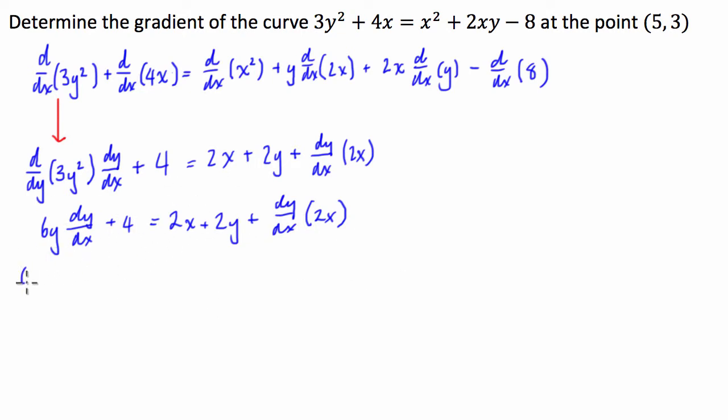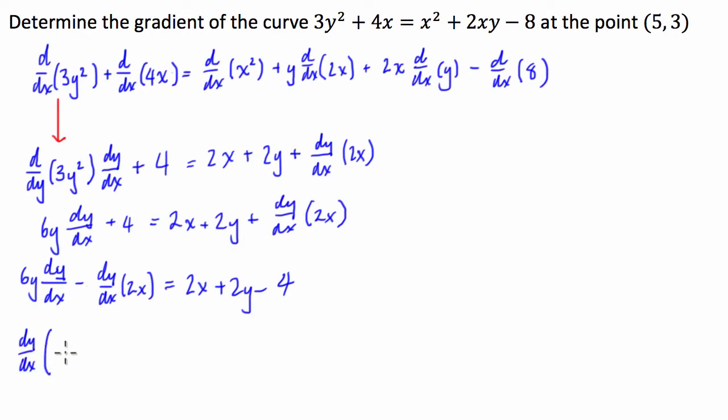So we have 6y dy/dx minus dy/dx times 2x, and on the other side this is equal to 2x plus 2y minus 4. We're then going to factorize this side, so we have dy/dx outside of (6y minus 2x) is equal to 2x plus 2y minus 4.